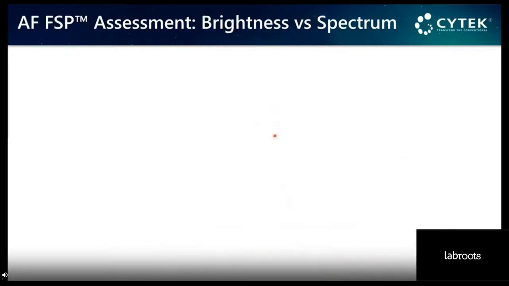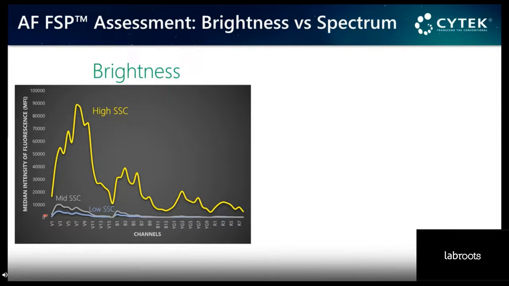So if we want to compare taking into account the brightness, we can plot the median intensity of fluorescence across all those detectors and see clearly here how the population with high scatter has higher intensity of emission across almost all the detectors when compared to the mid population and the low population.